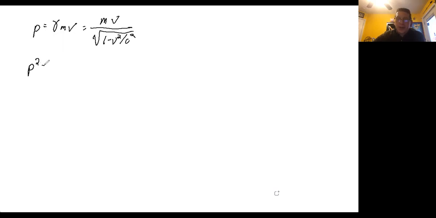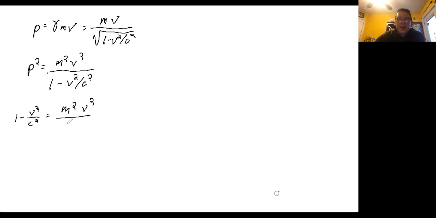P squared is equal to m squared v squared over 1 minus v squared over c squared. And so we're going to flip the p squared in this term. So we get 1 minus v squared over c squared is equal to m squared v squared over p squared.